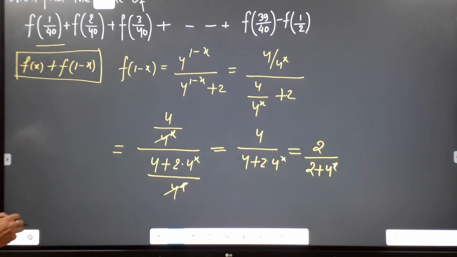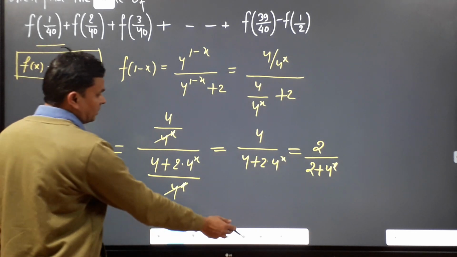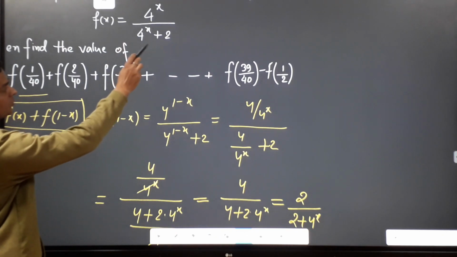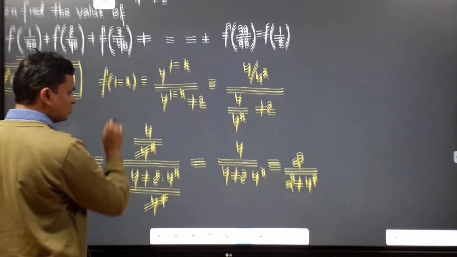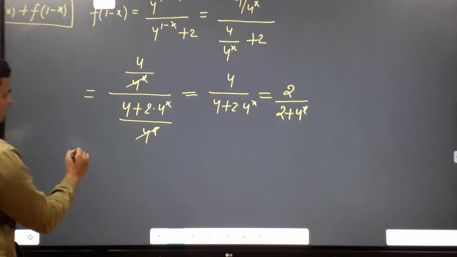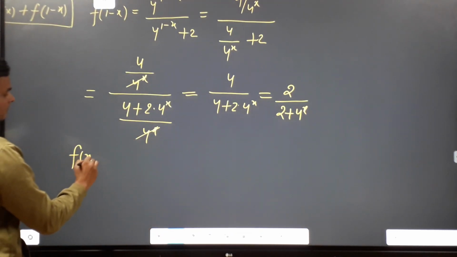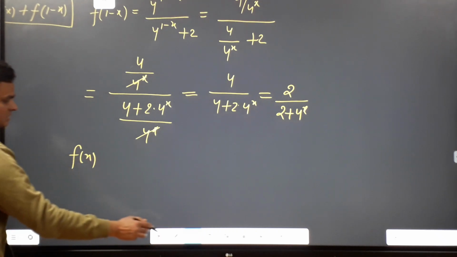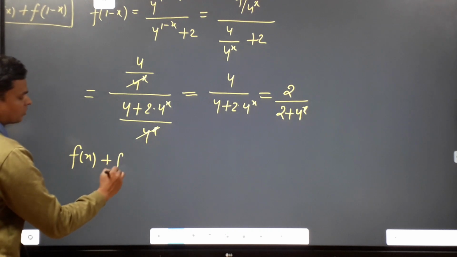Now see, the term f of x was 4 to the power x upon 4 to the power x plus 2. So let us add both these terms, f of x plus f of 1 minus x.